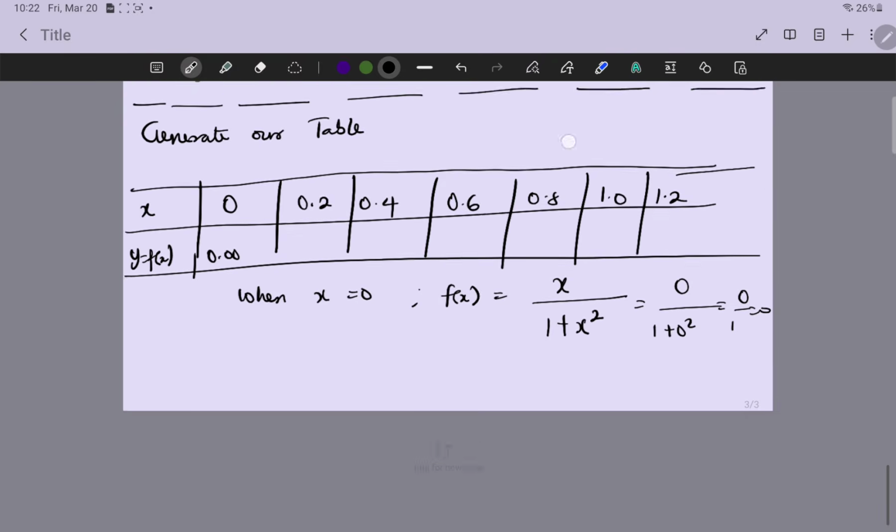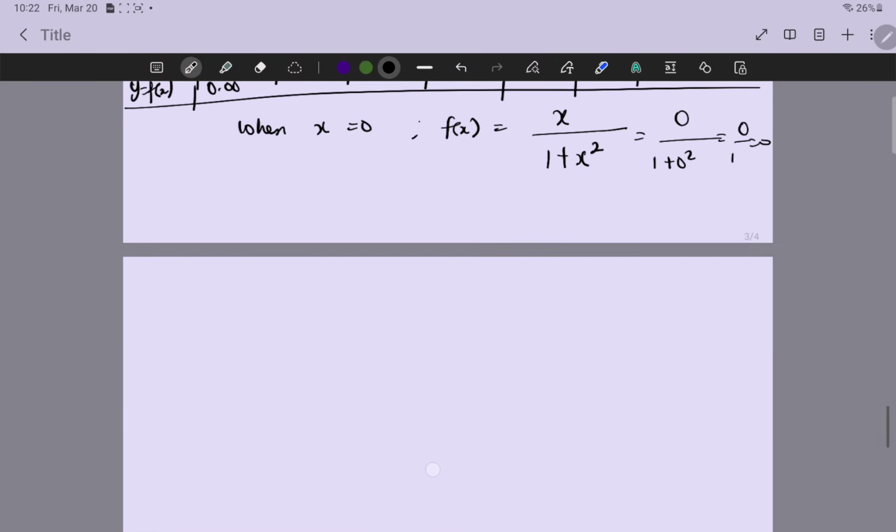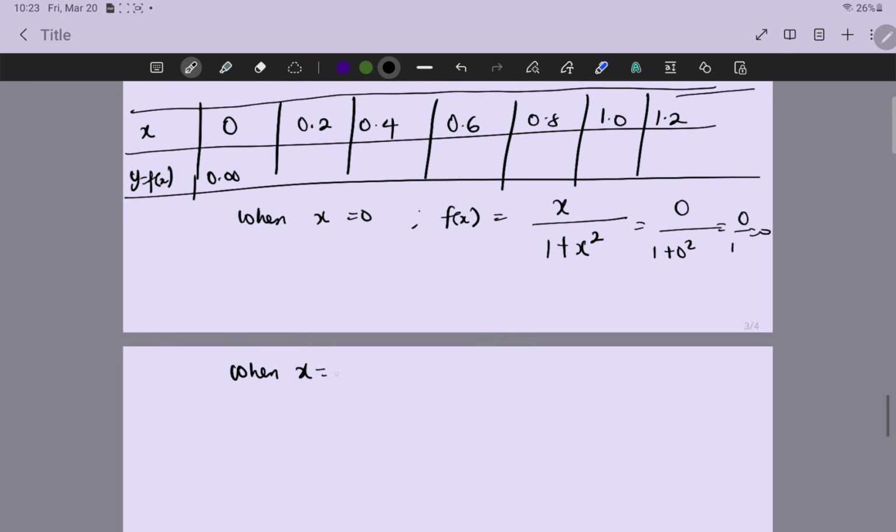So when x is 0.2, our f of x is equal to x over 1 plus x squared, which is 0.2 divided by 1 plus 0.2 all squared, which will now be 0.1923. You can confirm that with your calculator.